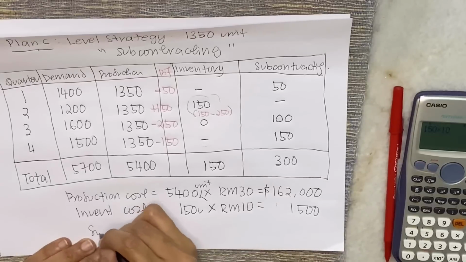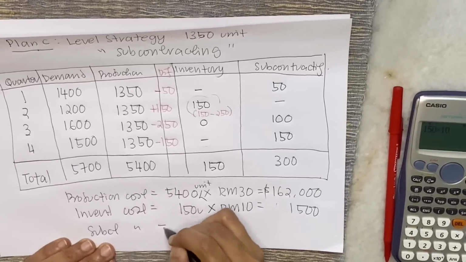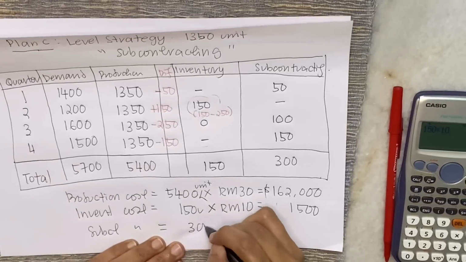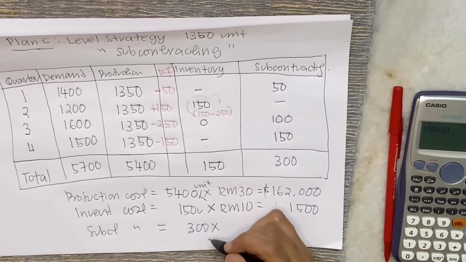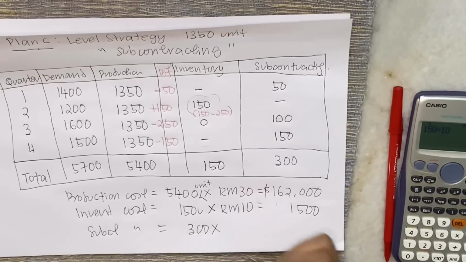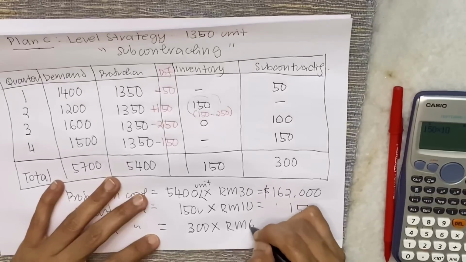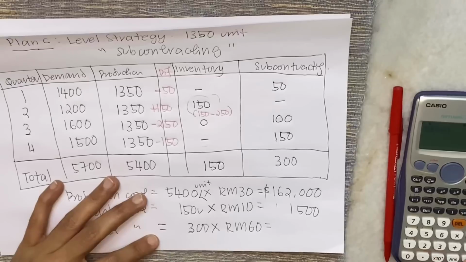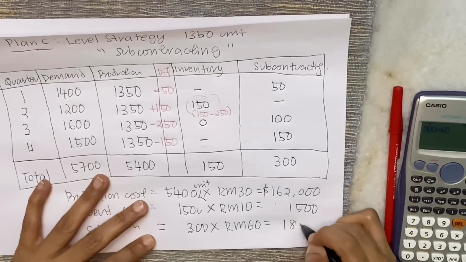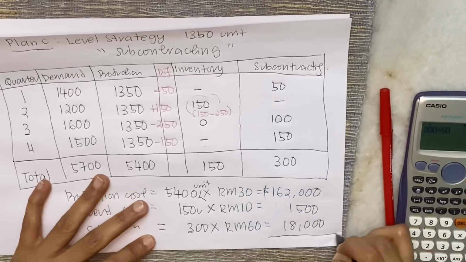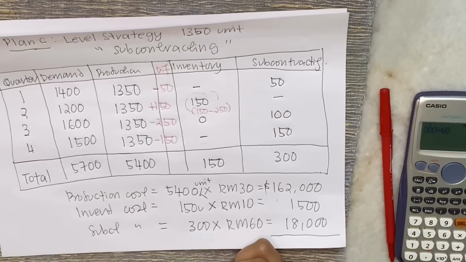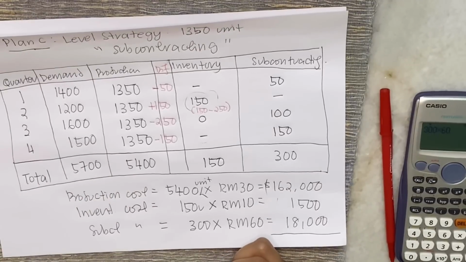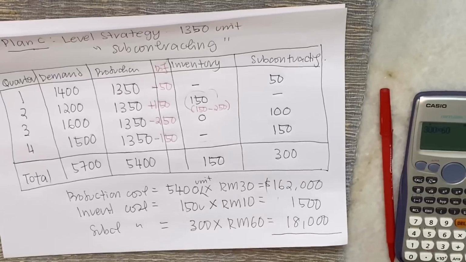Lepas tu subcontracting cost is 300 times, tengok soalan, tengok additional information. Subcontracting berapa? Subcontracting is RM60. So 300 times 60 is 18,000. Right. 18,000. So you campur semua. So campur semua.